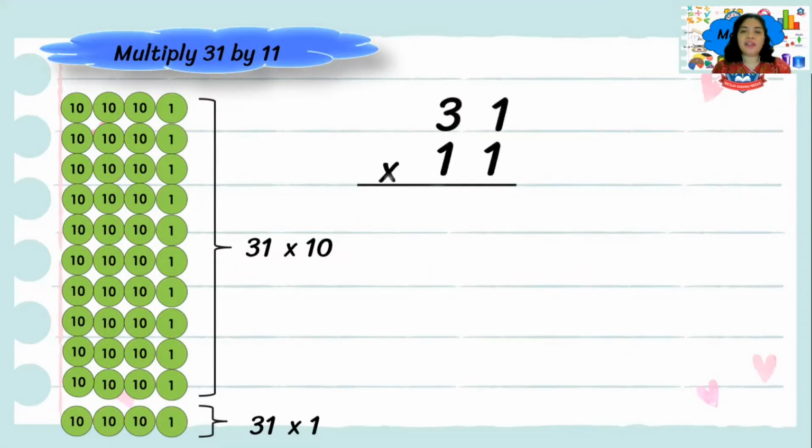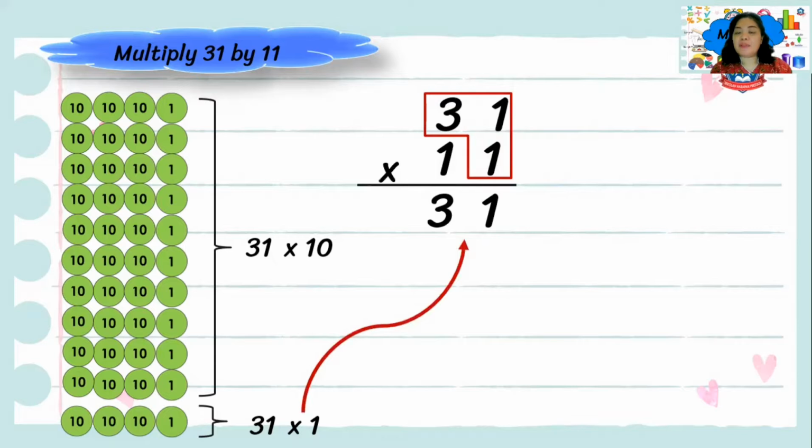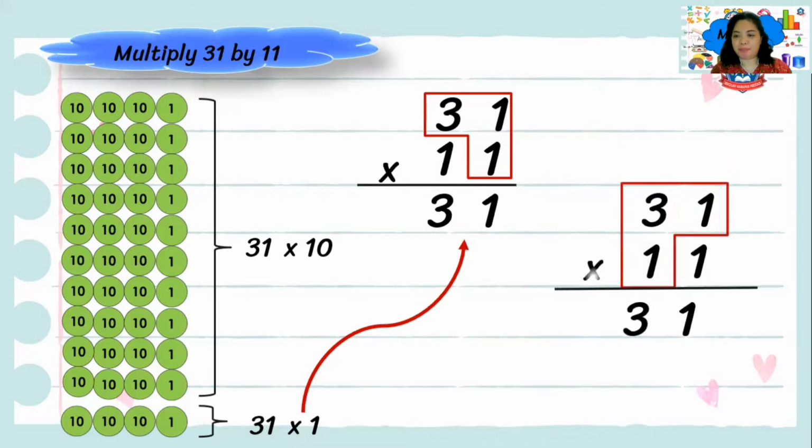So using our vertical form in multiplication, let's multiply first once. So 31 times 1. So 1 times 1 is 1, and 30 times 1 is 30. So 31 times 1 is 31. Next step is let's multiply 31 by 10. So 31 times 10. So 1 times 10 is 10. 30 times 10 is 300.